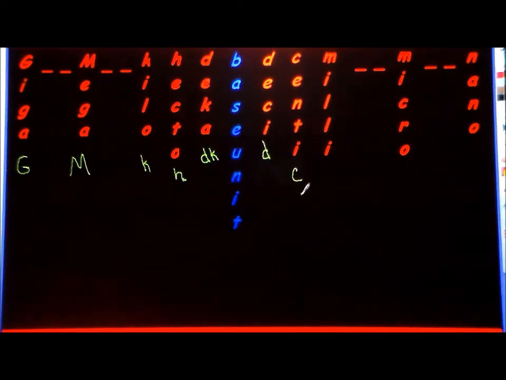Then we have C for centi, little m for milli. So we've used capital M and little m. We don't have anything left in the English system that looks like an M. So we use the Greek letter M, which is mu. It almost looks like a U with a tail on it, but it really is the Greek M. And then we can use an N for nano.